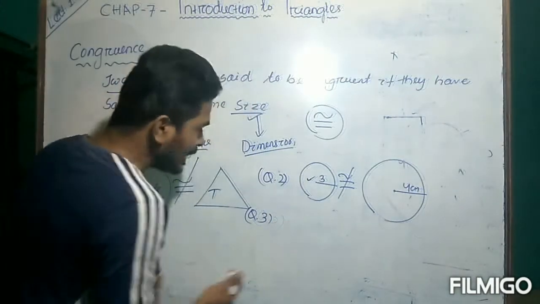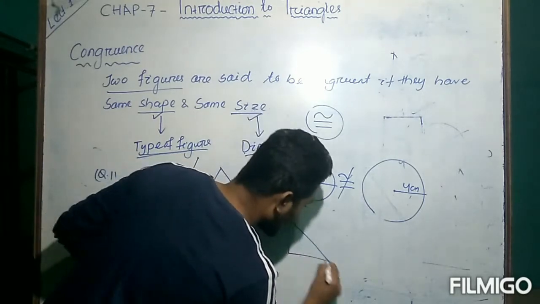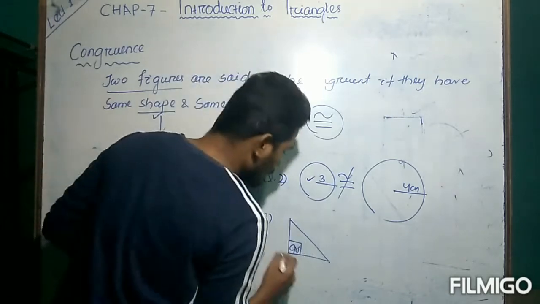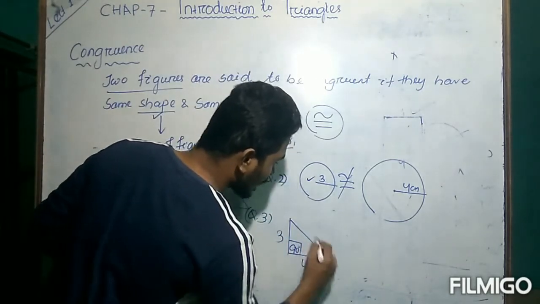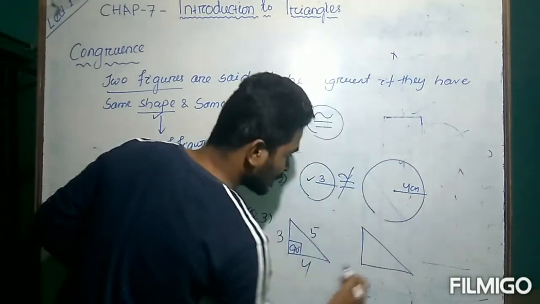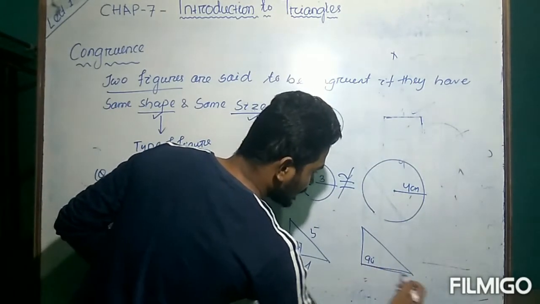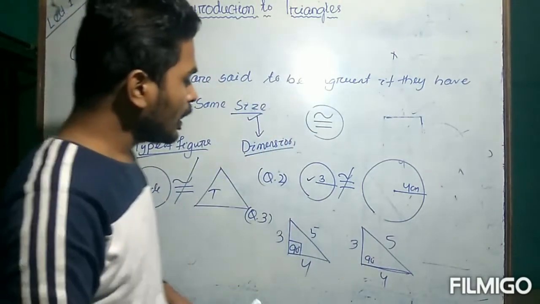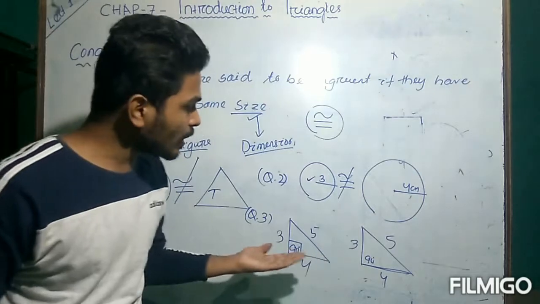In question number 3, suppose it is a triangle having one of its angles 90 degrees, this side is 3, this side is 4 and this side is 5. Another triangle has angle 90 and this side is 4, this side is 3, this side is 5. Now we have to verify whether these two figures are congruent or not.